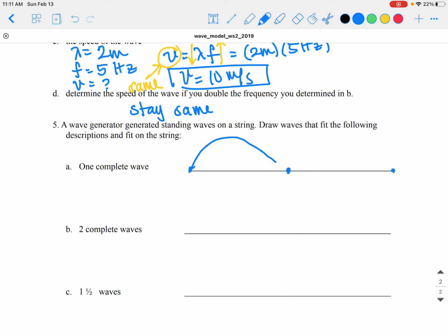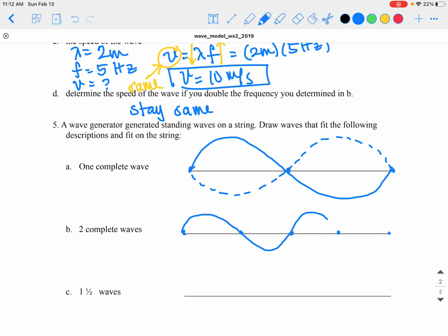It goes up, down, and back up, and then it goes up, down, and back up for the reflected wave. 2 complete waves would have 5 nodes, because one of the nodes is connecting the 2 waves. So I've got 1 wave here, 2nd wave here, and then my reflected wave is my dotted line here.